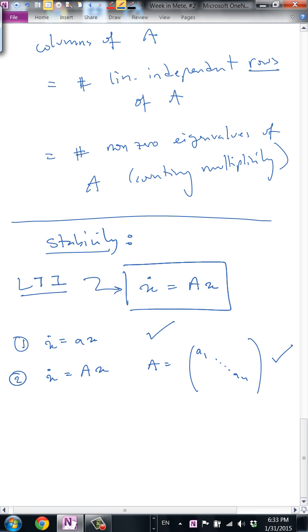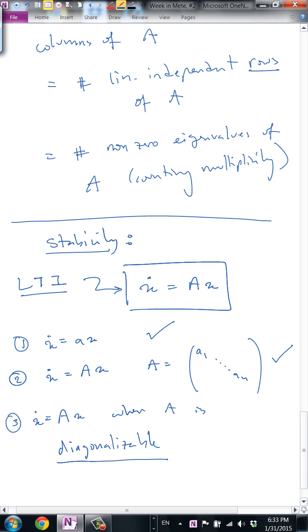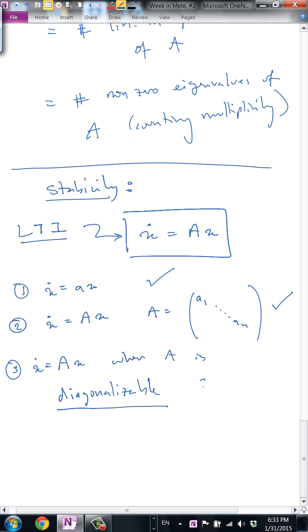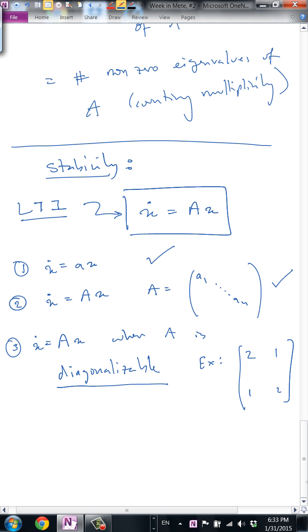So this is something also that we understood. So the first interesting case that we talked about is x dot equals Ax when A is not diagonal, but diagonalizable. And we saw numerous examples. For example, the matrix 2, 1, 1, 2, we said is diagonalizable. But clearly it's not diagonal. And what is diagonalizable? What's the definition of diagonalizable?